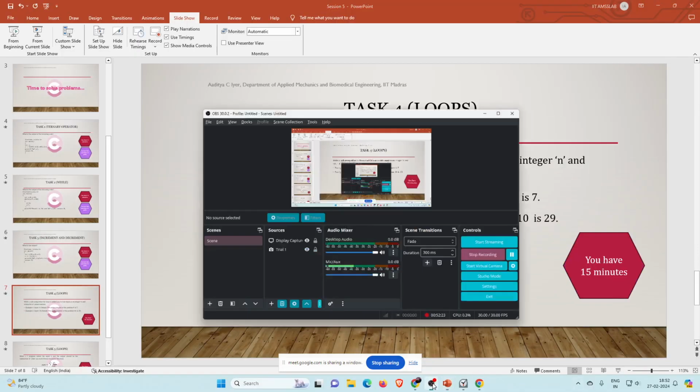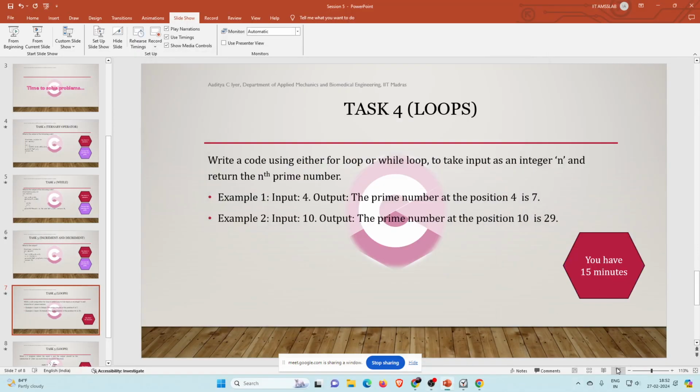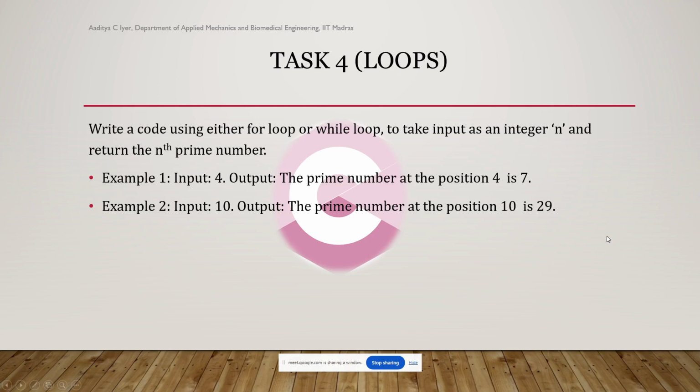I take the input as n. N is an integer, and I return the nth prime number. For example, if my input n is 4, the output should be the prime number at position 4, which is 7.